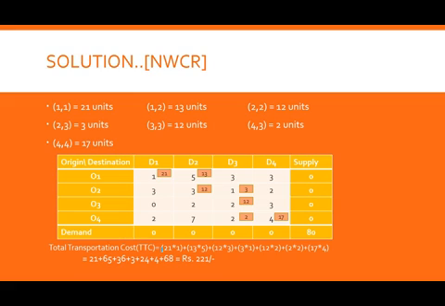When I compute the TTC for this, it will be 21 into 1 plus 13 into 5 plus 12 into 3 plus 3 into 1 plus 12 into 2 plus 2 into 2 plus 17 into 4, which will be 21 plus 65 plus 36 plus 3 plus 24 plus 4 plus 68. So overall the total TTC will be 221 rupees.